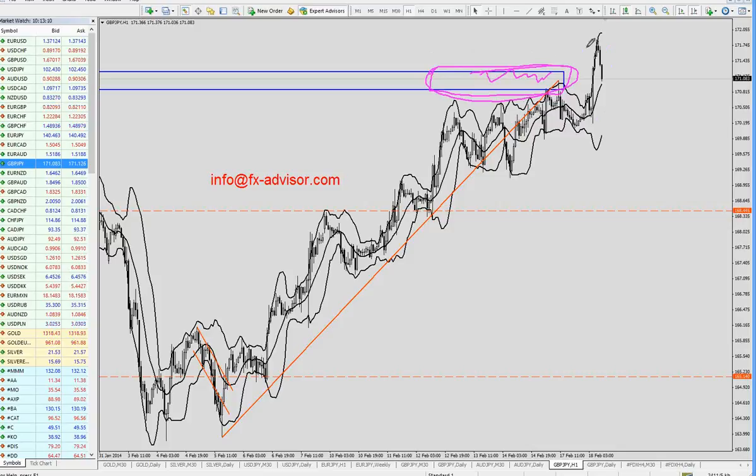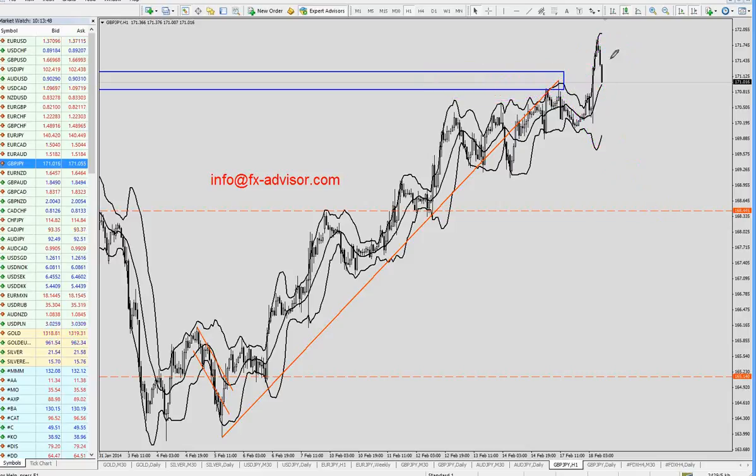Okay, what if their view is the same as ours? What if they think we should go down from this level? And when they give you the possibility to stay short from this level, it means that they are long. So they have to push the prices higher, they have to clean up the stops of the retail clients to open their shorts here, and maybe this time it's going to be the correct move down, right?